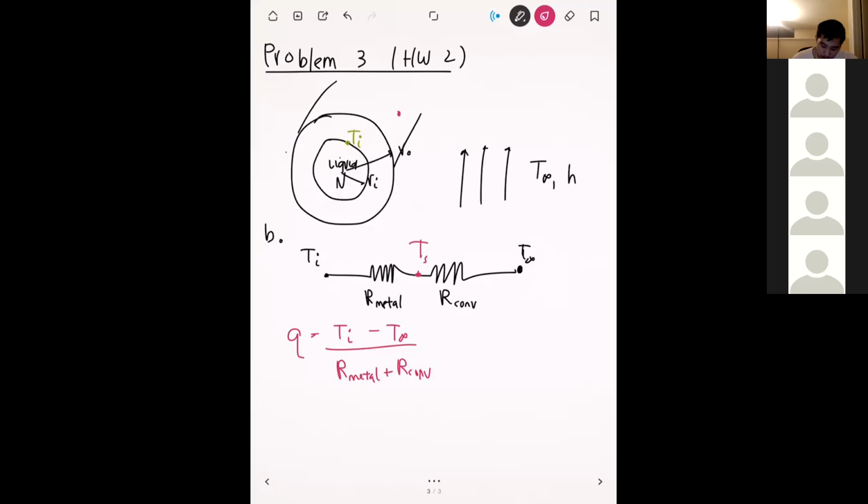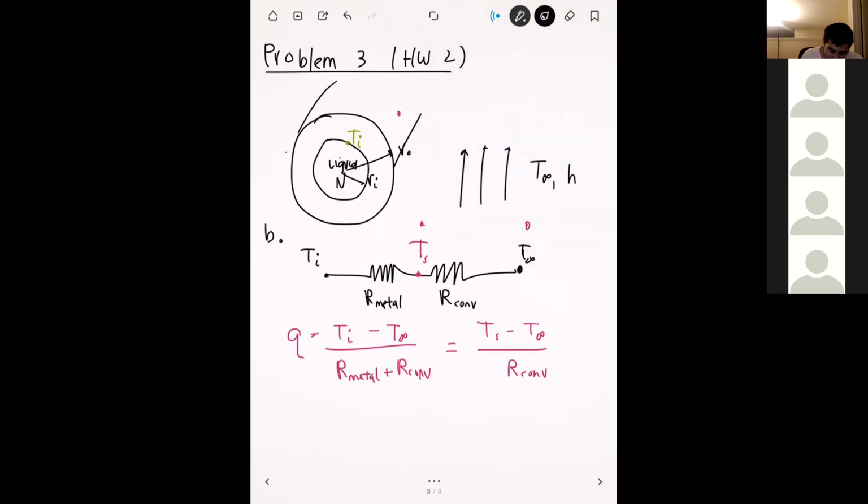Just like we've done for all our thermal circuit problems, since we have a linear circuit here, Q is going to be equal to TS minus T infinity, the difference between these two nodal temperatures, divided by the resistance between them. Then you can use this expression to solve for TS. So that's part B.